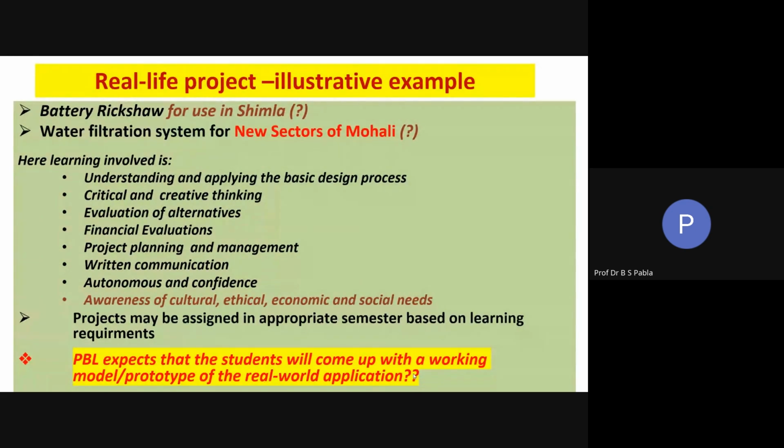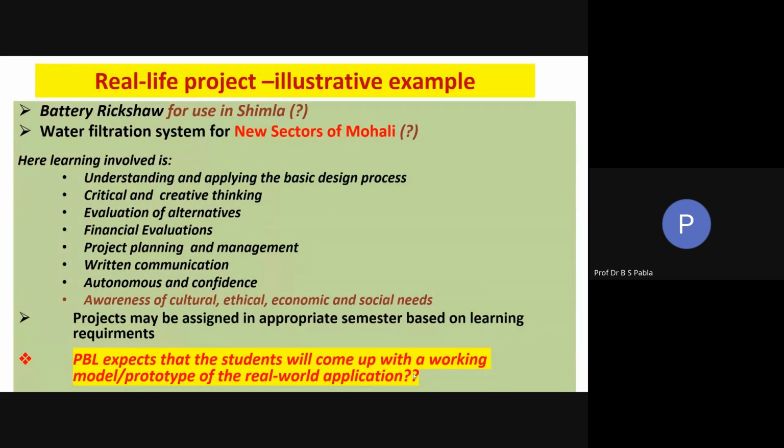Written communication, presentation, and design, and confidence level, autonomous or maybe teamwork. Awareness of culture, ethical, economical, and social needs. Is it required there? Or what type of things are there? Maybe I don't want the person sitting on the rickshaw to get down from the right side because there are chances of accident.